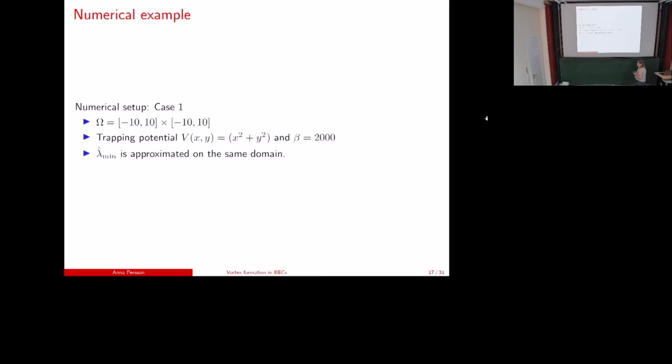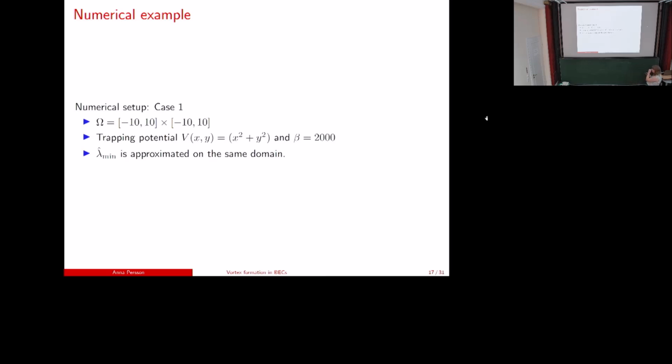So let us look at some numerical examples. I have lots of them. I start with case 1. This is where we saw in the beginning, where you have the trapping potential, which is isotropic, so it's x squared plus y squared.